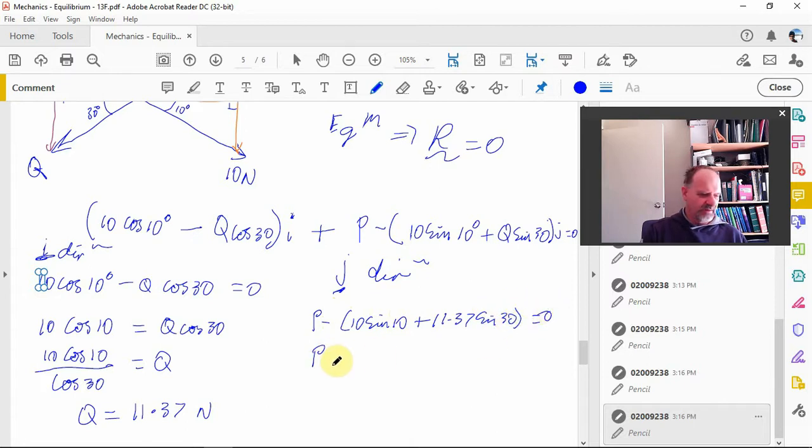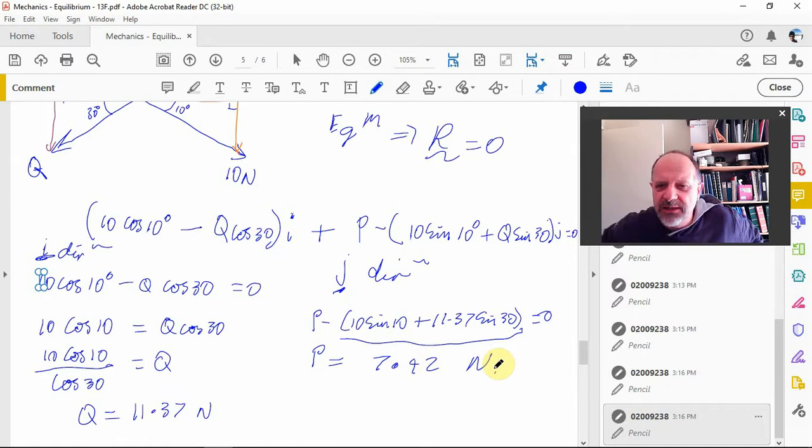So P then would be equal to all of this stuff, which when you put that in your calculator comes out to 7.42 Newton. Alright, so there's another way of approaching some of those questions.